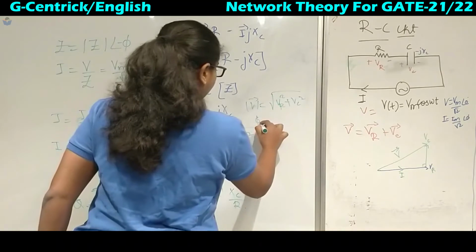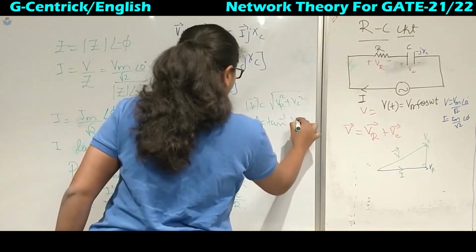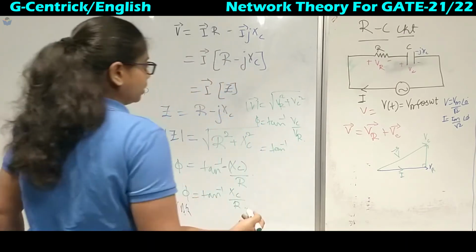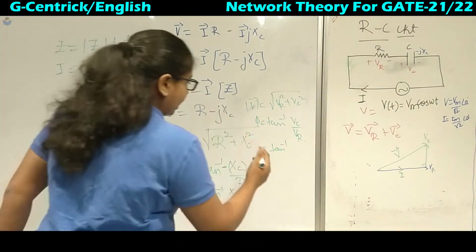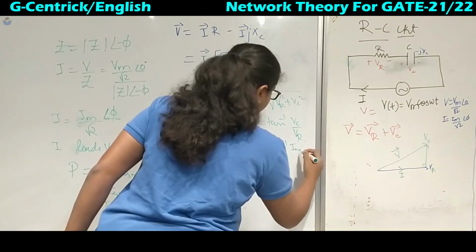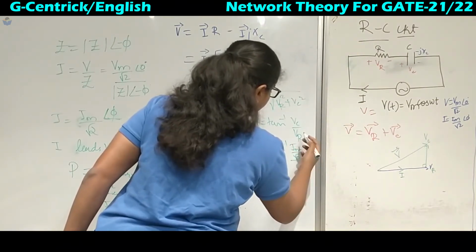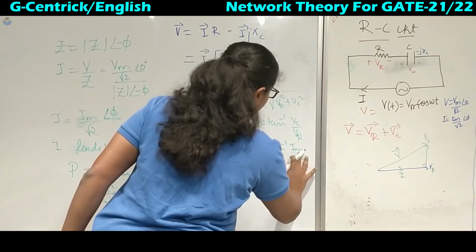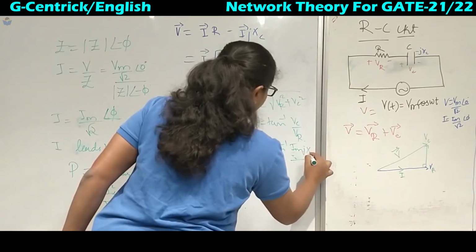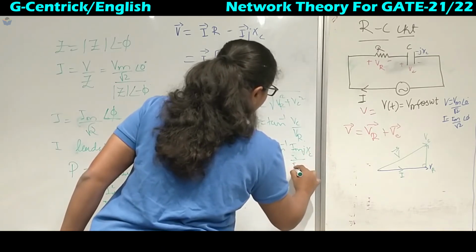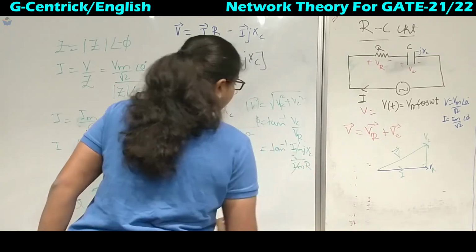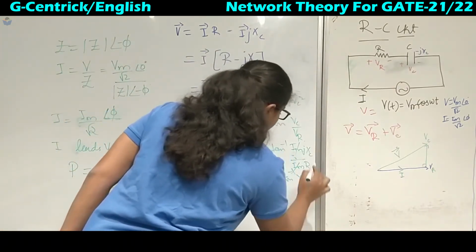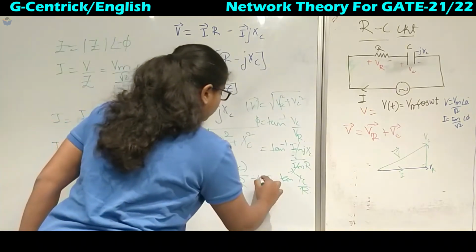So what is the angle? Tan inverse of VC by VR. So this tan inverse indicates VC by VR. VC we can write as Im by root 2 times minus jXc, and VR we can write as Im by root 2 times R. So this gets cancelled, and we are left with tan inverse of Xc upon R. Here it is minus phi.